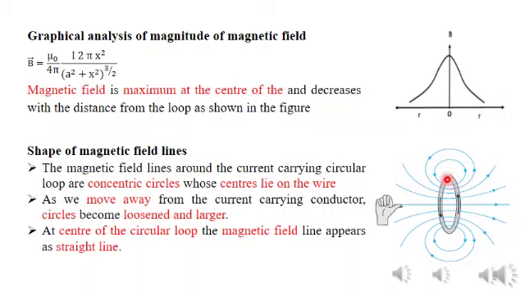As we move away from the current carrying conductor, circles become loosened and larger, means the spacing between the circles increases, and at the same time they become larger. Third property is at the center of the circular loop, the magnetic field line appears as a straight line because it is a small part of a big circle.